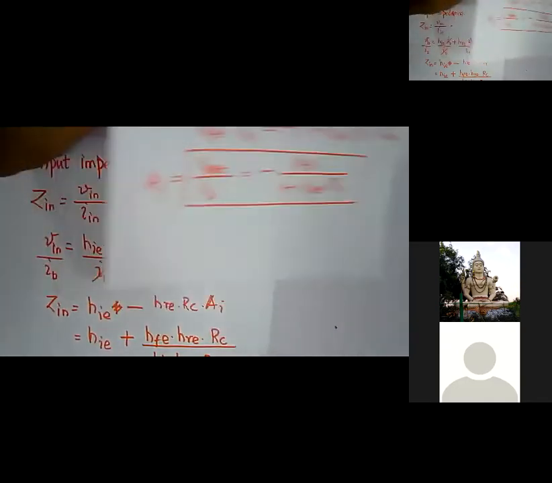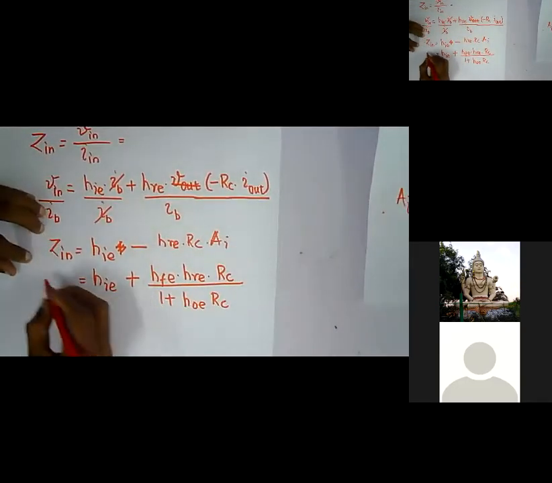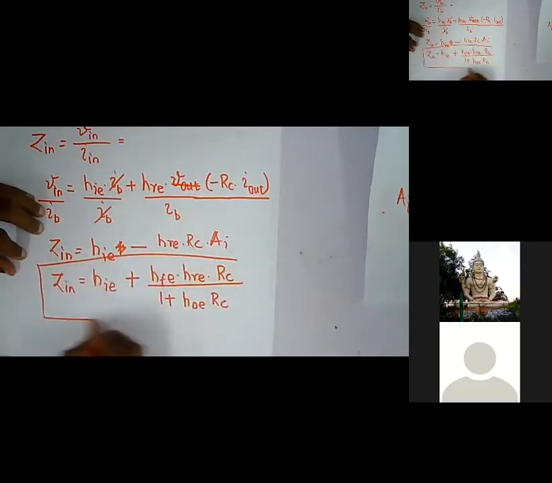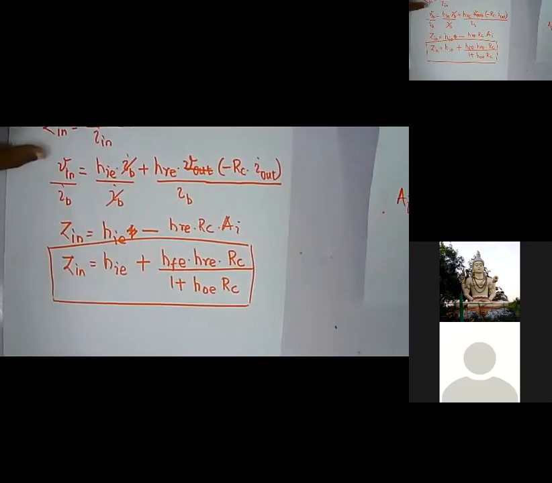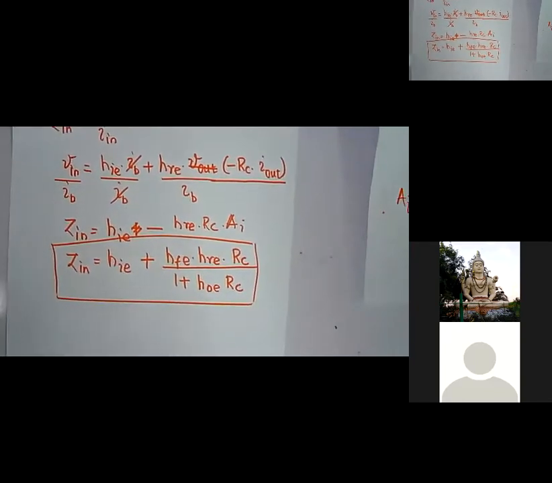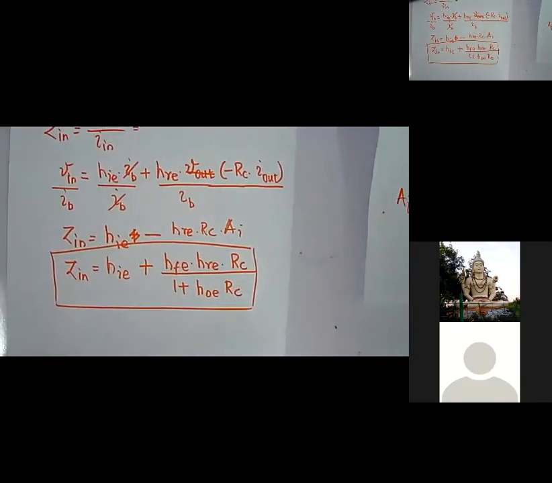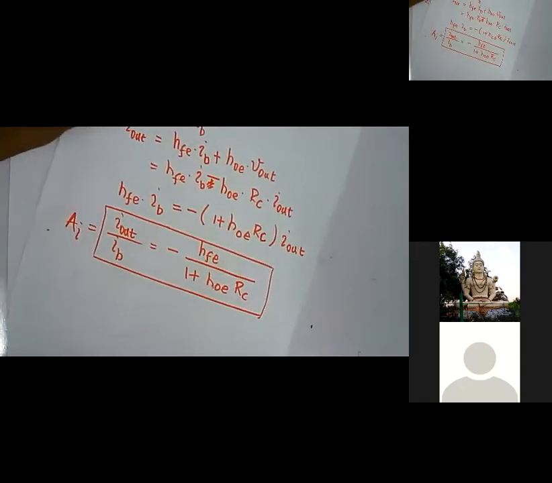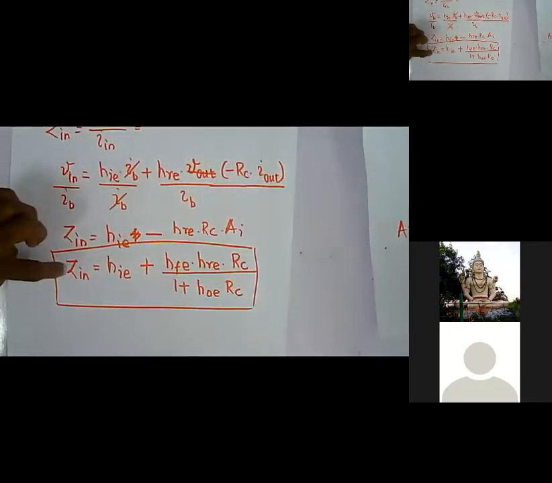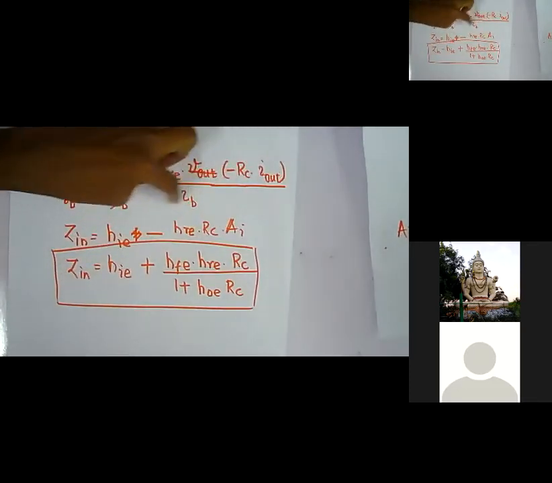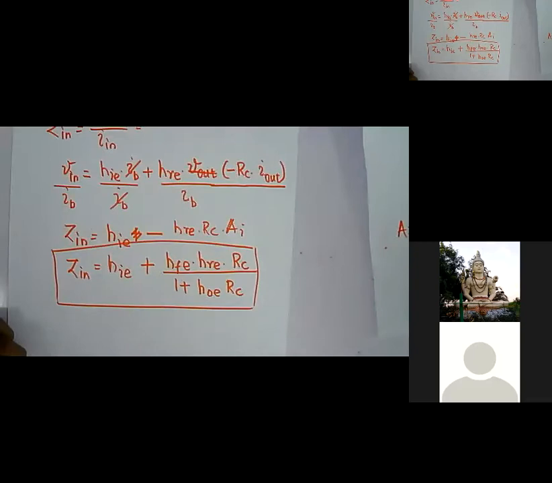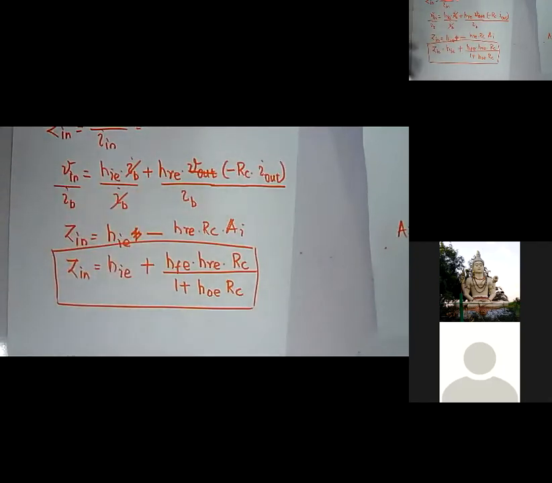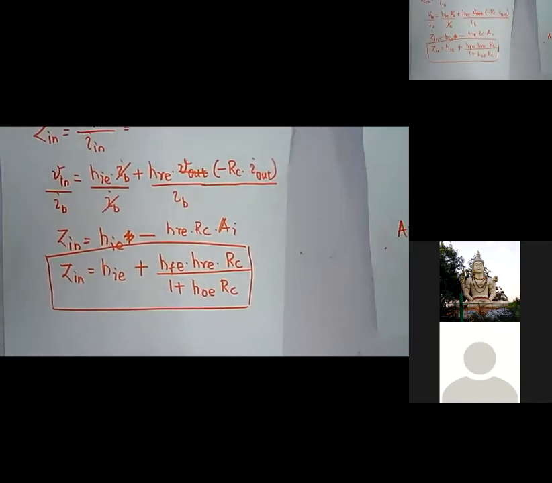So this is your input impedance Z in. Clear? If you follow the same order, you can get the answer by dividing. So don't mix it up, just follow the same order.